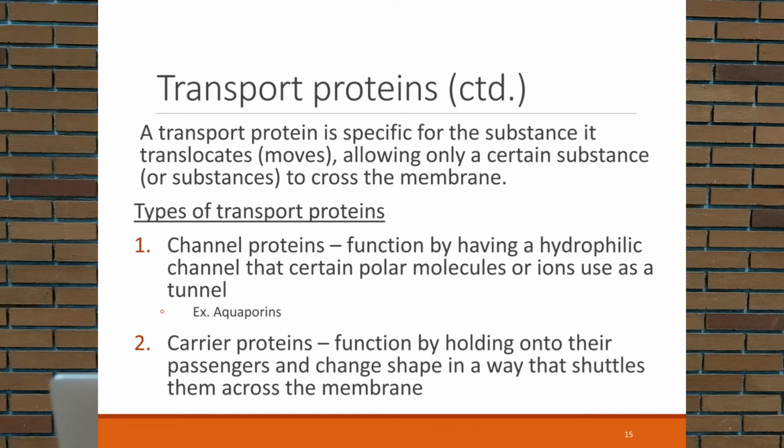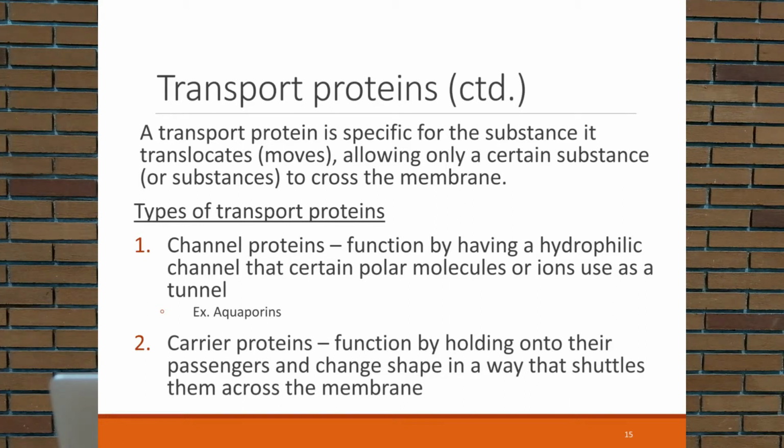So the types of transport proteins are: one, the channel proteins, which function by having a hydrophilic channel that certain polar molecules or ions use as a tunnel. For example, the aquaporins are channel proteins. The second one is the carrier protein. The carrier protein functions by holding on to its passengers.